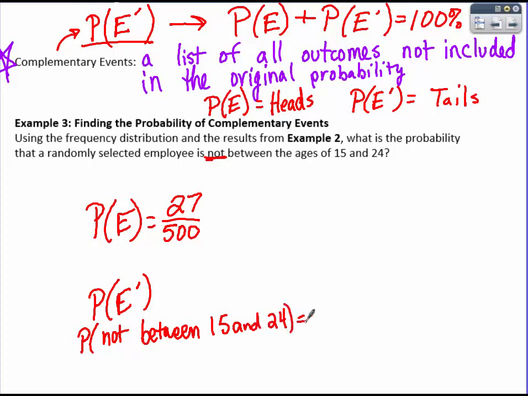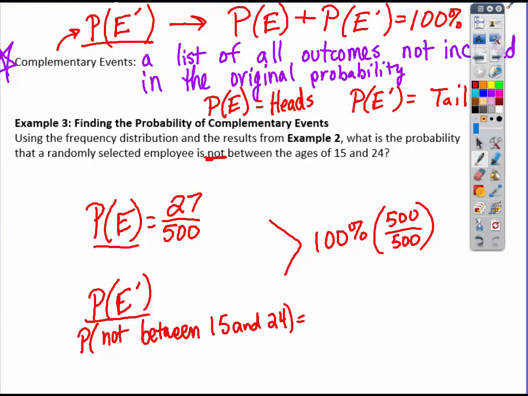Right? So I know the probability of E plus the probability of E prime is going to equal 100%, which is in this case 500 over 500. So for me essentially to do this problem, I just need to figure out the probability of E prime. So what over 500, when added to 27 over 500, is equal to 500 over 500.